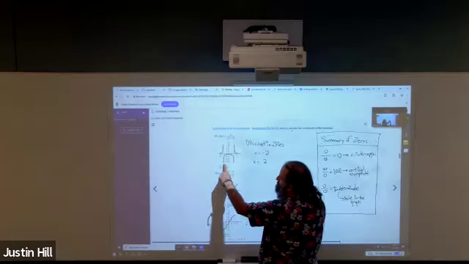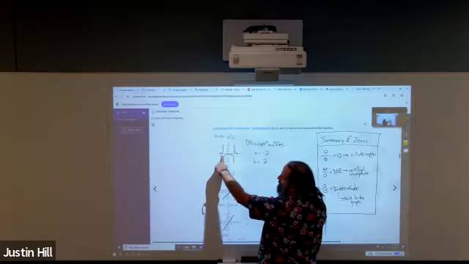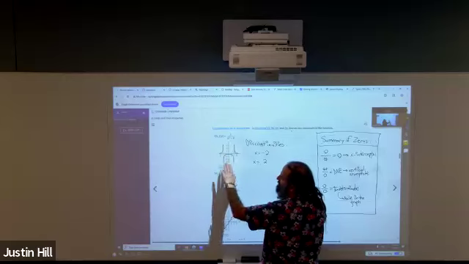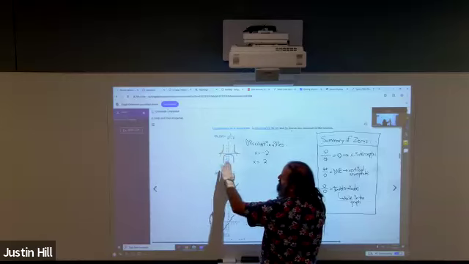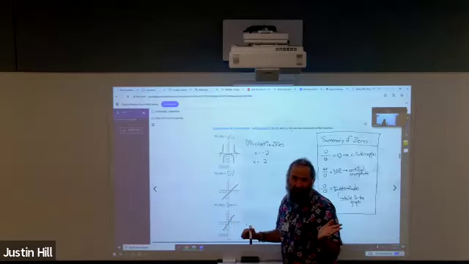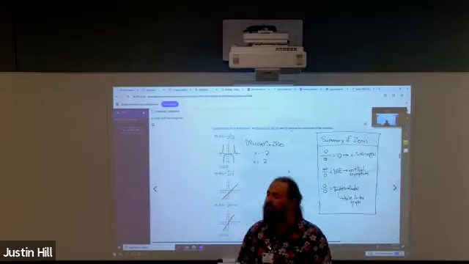I could put a point somewhere here along this line, but whatever the y value is for that point, it wouldn't match the limits from the left and the right here. We said the limit from the left is positive infinity, the limit from the right is negative infinity. You're not going to get a point that matches both those values.